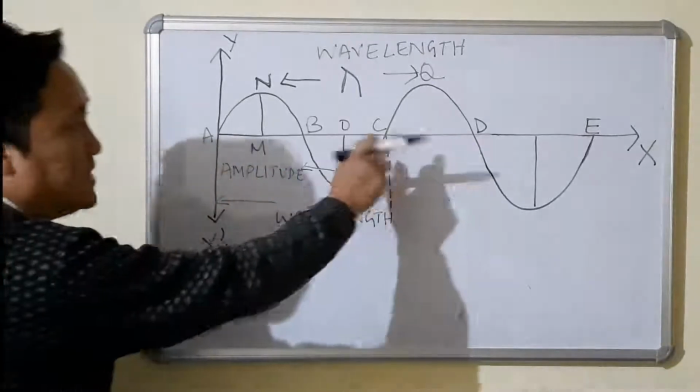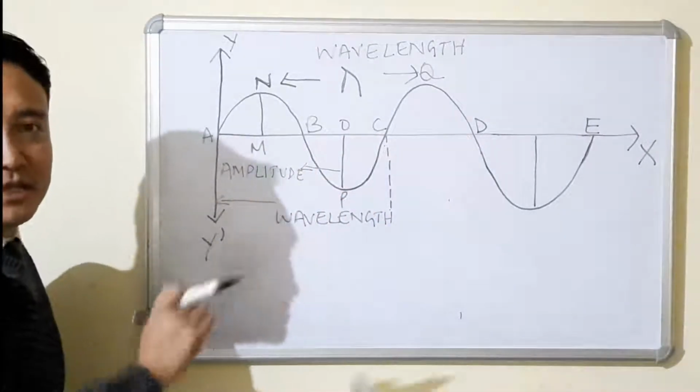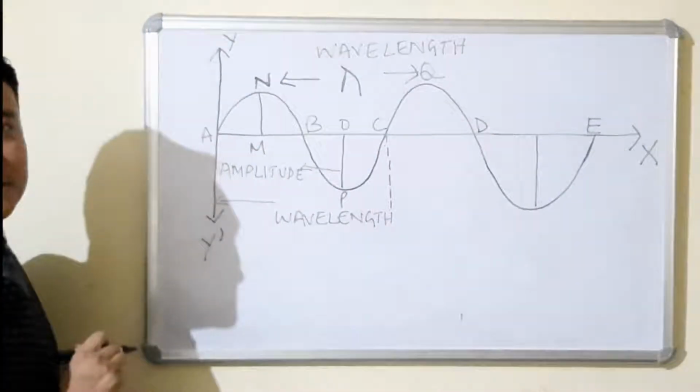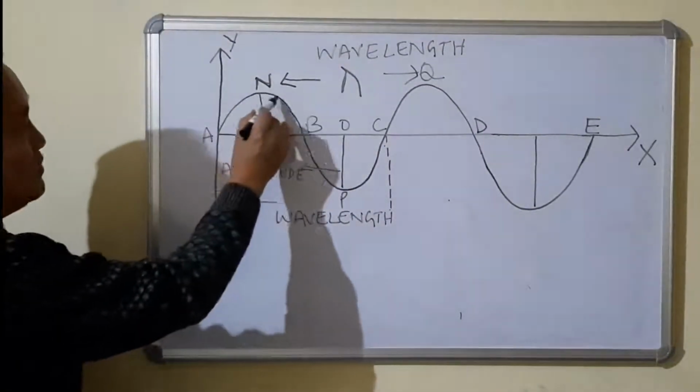From this diagram, which one represents the oscillation? AC represents one oscillation. You can see this curve here.